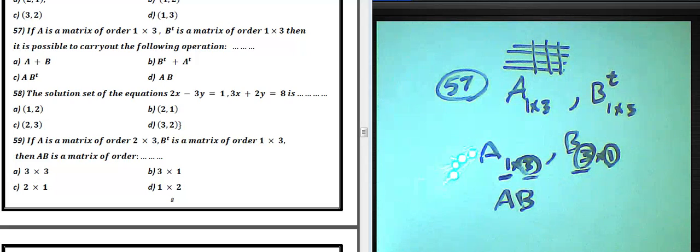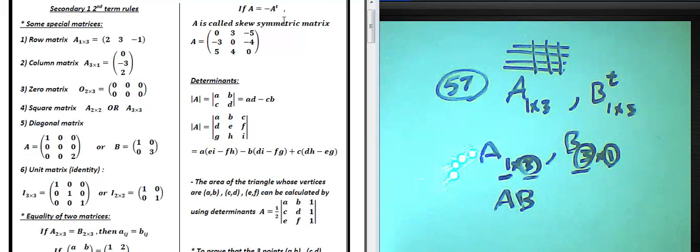Look at the left-hand side here. It's a rule for some special matrices. A row matrix A, 1 by 3, equals 3, negative 1, and we have a column matrix A, 3 by 1, equals 0, negative 3, and 2.